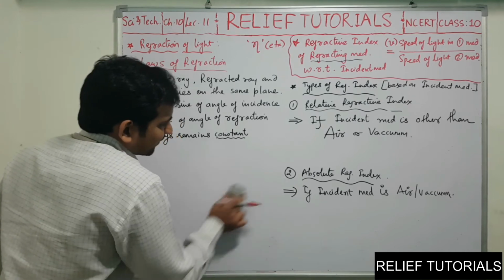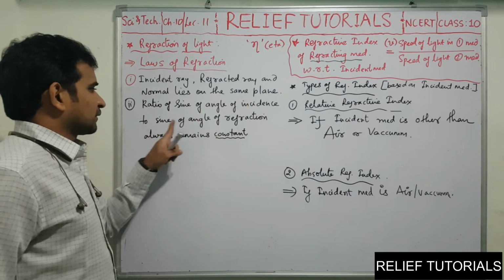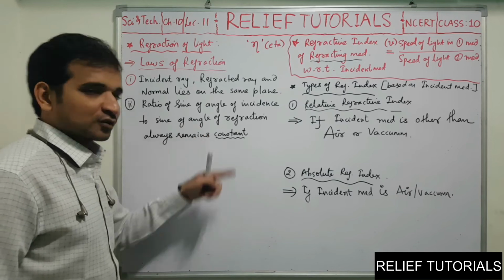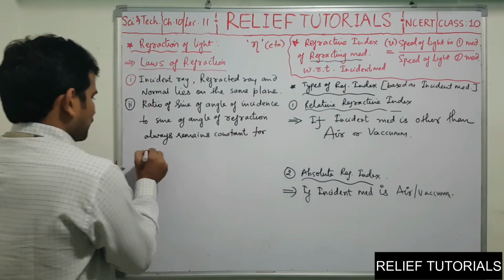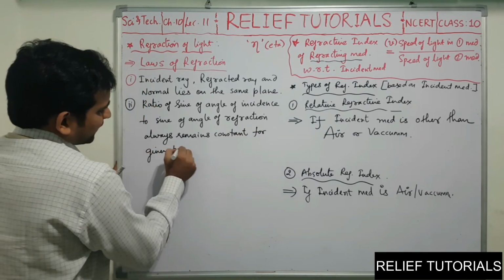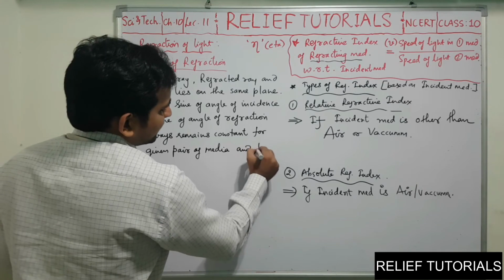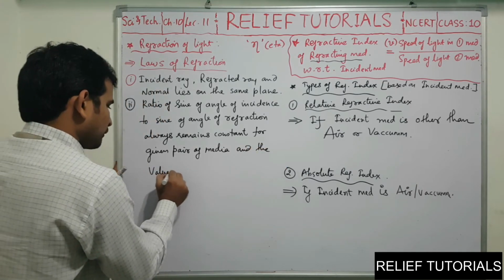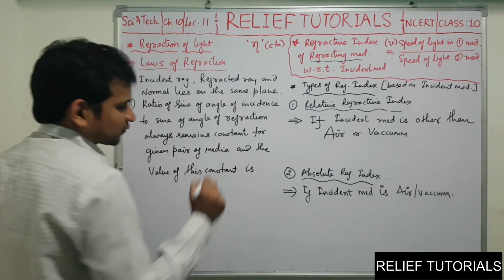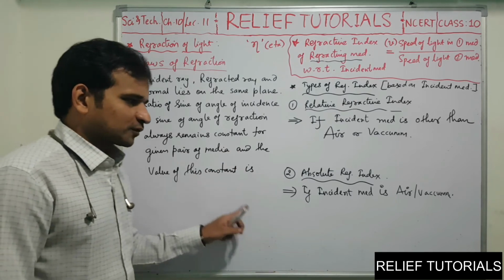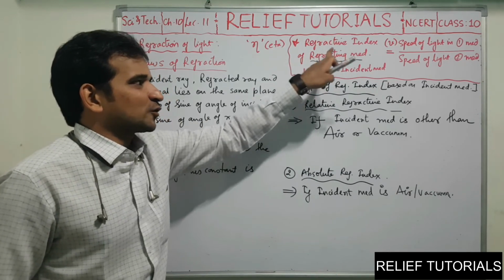So now the law will be completed here. What is the law? Ratio of sine of angle of incidence to sine of angle of refraction always remains constant for a given pair of media, and the value of this constant is nothing but the refractive index of refracting medium with respect to incident medium.